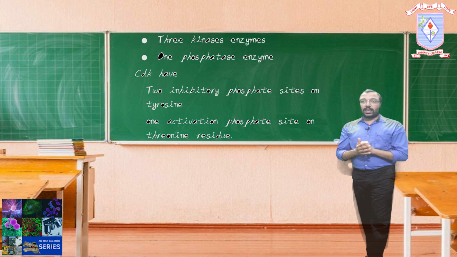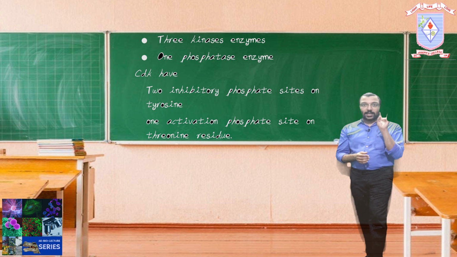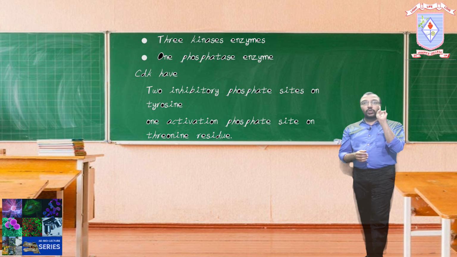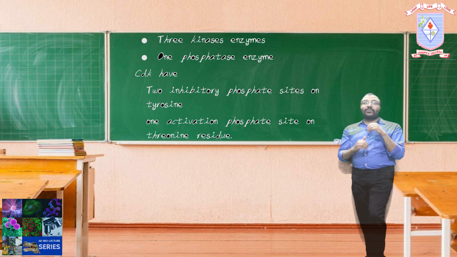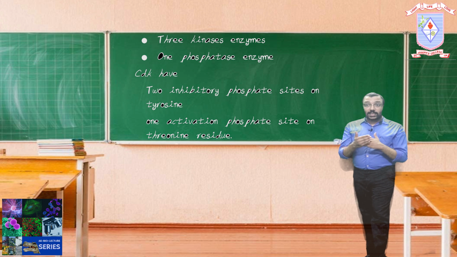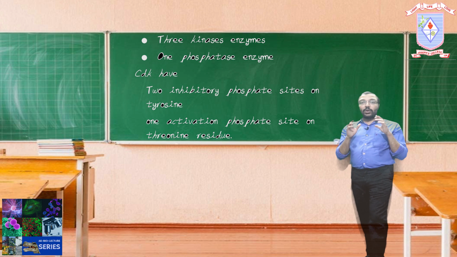Then one more point you must remember is that CDK, cyclin dependent kinase, has 2 inhibitory phosphate sites on tyrosine and 1 activation phosphate site. The activation site is on a threonine residue.